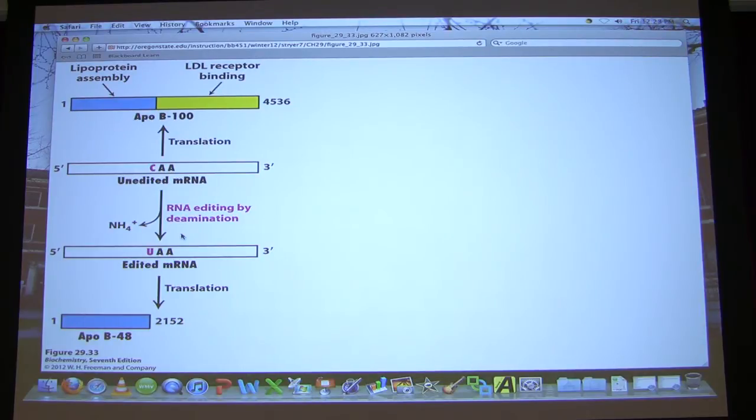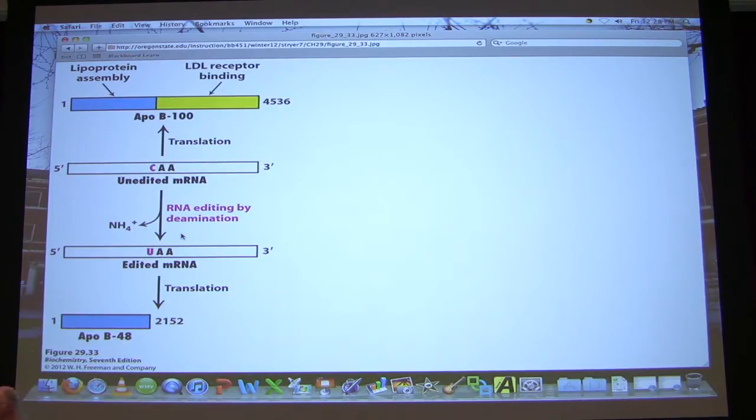In intestinal cells, that CAA is translated without any change, and that allows the synthesis of this large protein up here. On the other hand, in liver cells, they have an enzyme that converts the C to a U. It involves removal of an amine group.